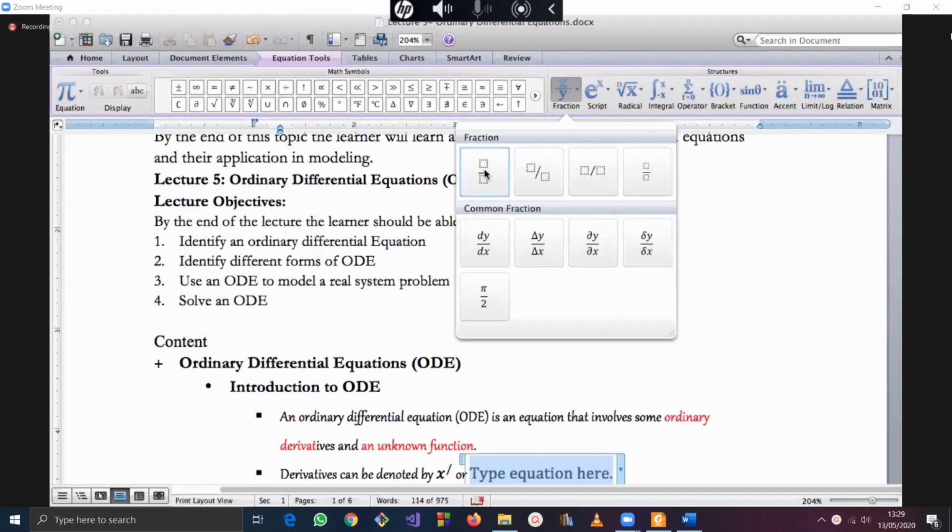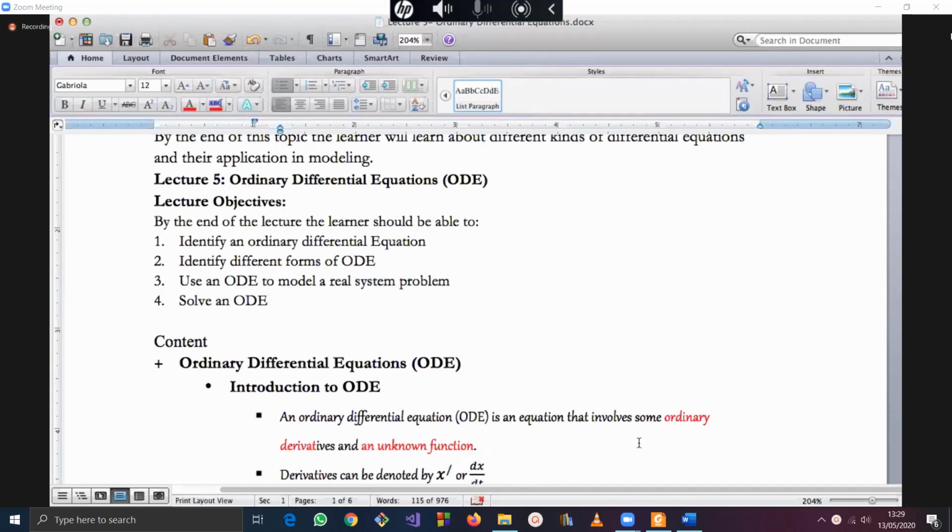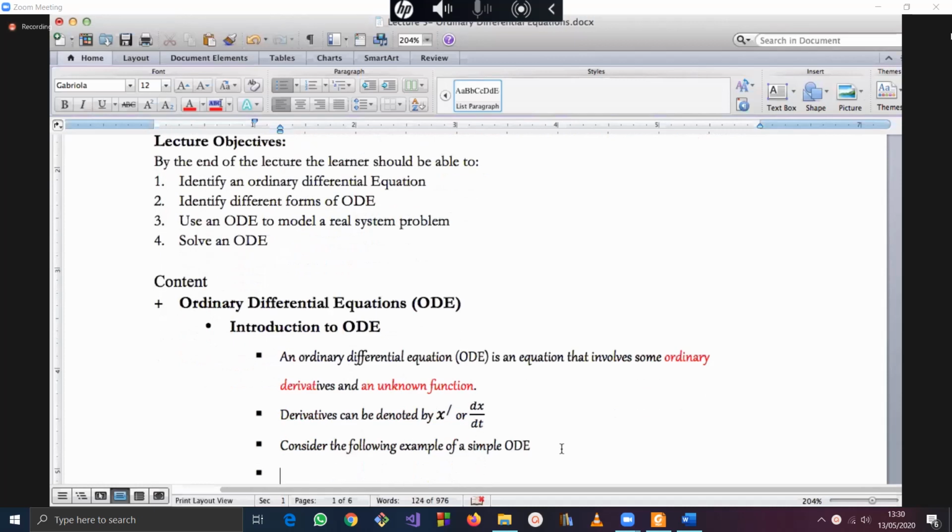You can say d, for instance, dx for this particular case, or over again d, maybe dt, meaning that we are differentiating with respect to t. So that is a derivative.